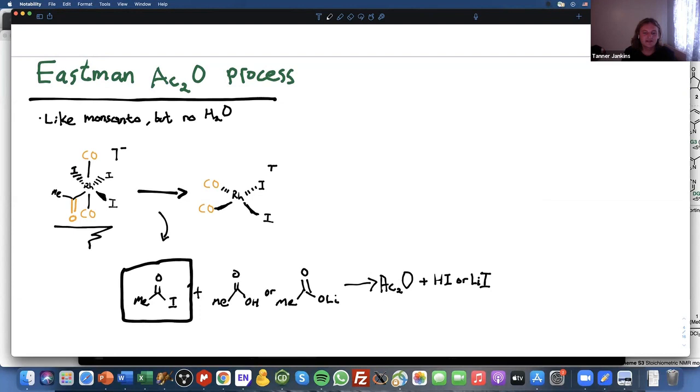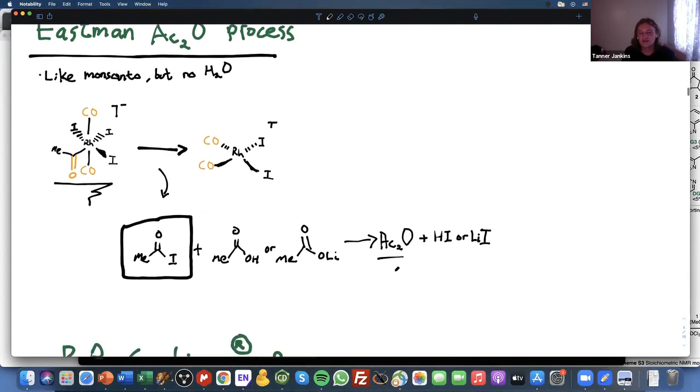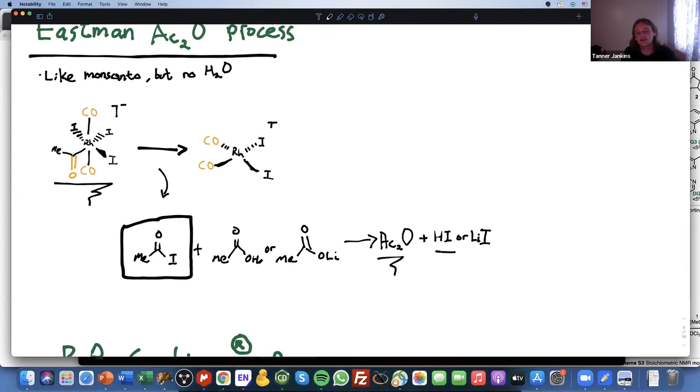And so now this acyl iodide in anhydrous conditions can react with either acetic acid that was formed or with lithium acetate to directly form acetic anhydride and the HI promoter or lithium iodide, depending on if it gets attacked by lithium acetate or acetic acid.